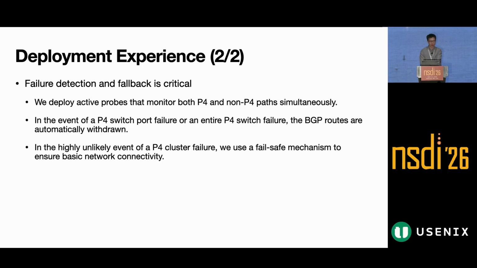In a highly unlikely event of a catastrophic P4 cluster failure, we have implemented a fail-safe mechanism to ensure basic network connectivity. So it allows us to bypass the entire P4 cluster by falling back to the underlying physical network.